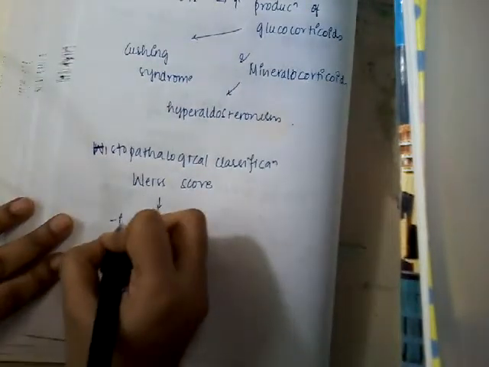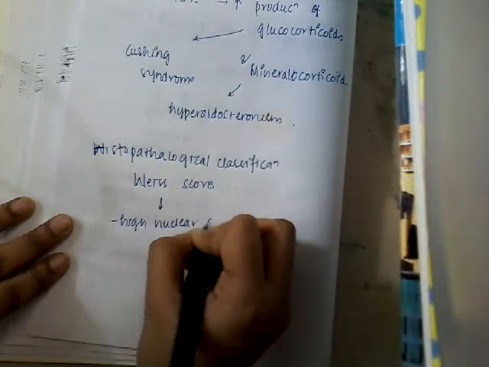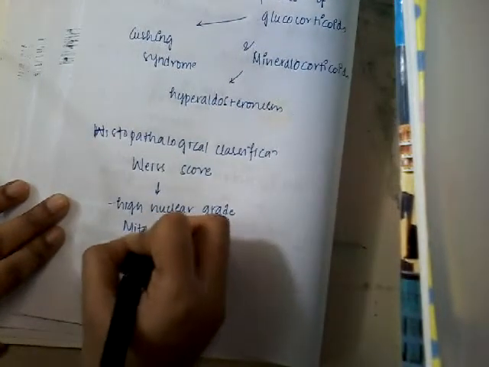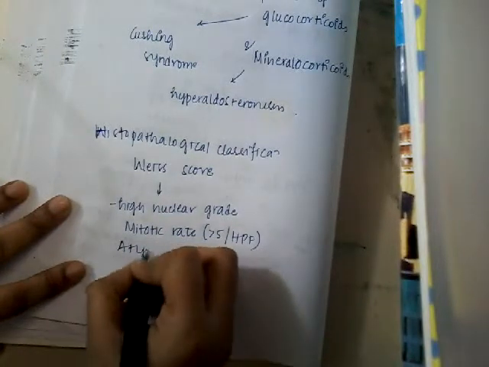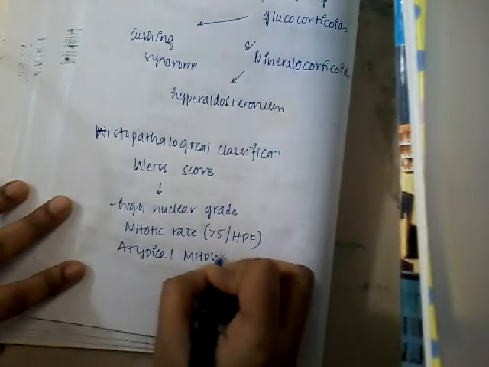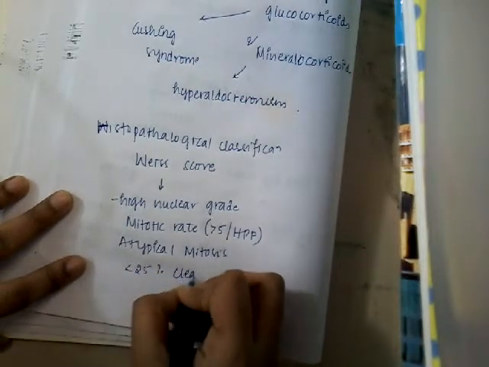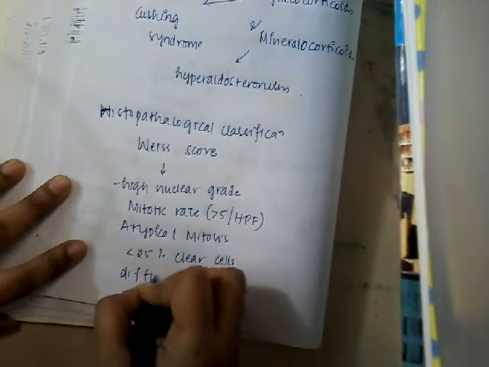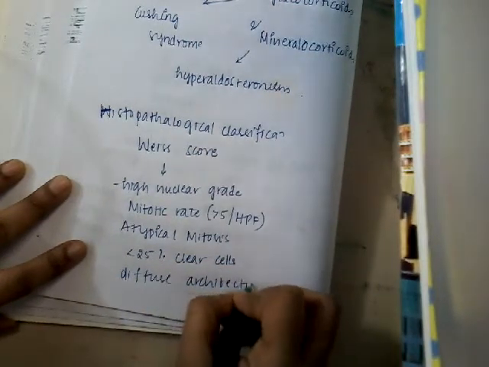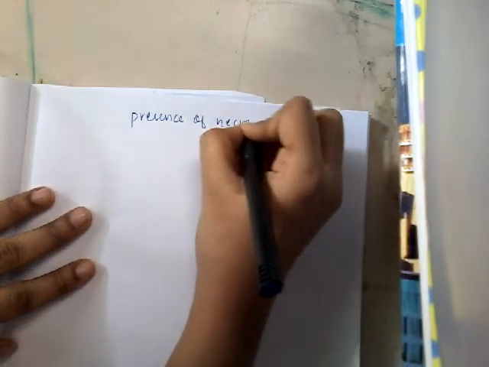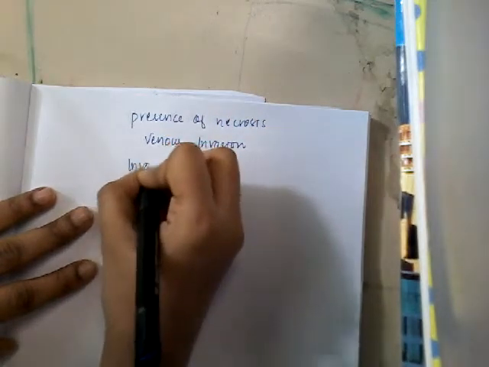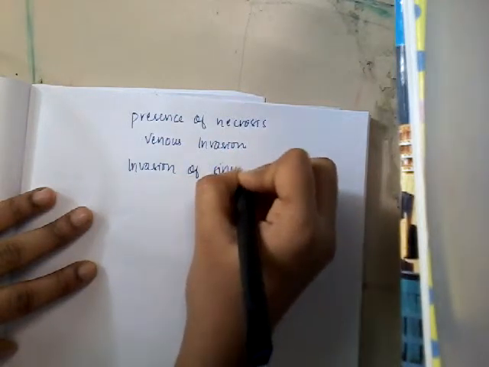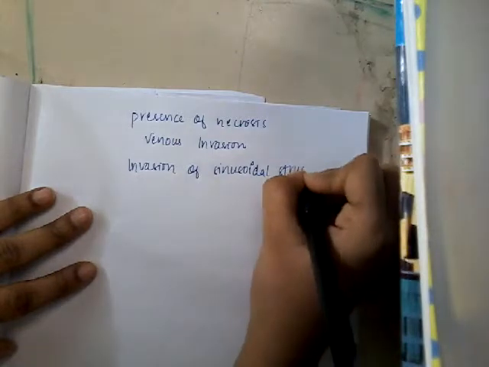This takes into account high nuclear grade, mitotic rate of more than 5 per high power field, atypical mitosis, less than 25% clear cells, diffuse architecture, and also presence of necrosis, or venous invasion, or invasion into sinusoidal structures and tumor capsule.